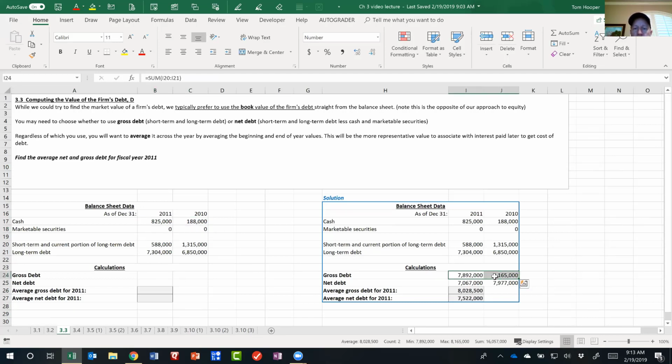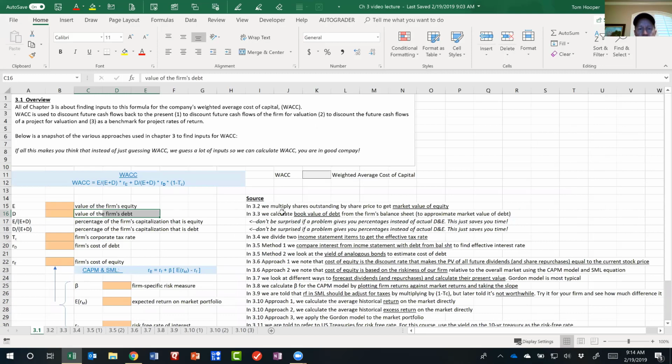Calculate your gross debt for each year, your net debt for each year, and then we want to take the average of the beginning of the year and the end of the year to get the average for that year. Because remember, if we're looking at balance sheet data as of the end of the year, as of December 31st, on 2010 and on 2011, then the average of those two numbers for any of these lines is representative of what our typical balance probably was that year. And so, again, we're using the book value on that firm's cost of debt.